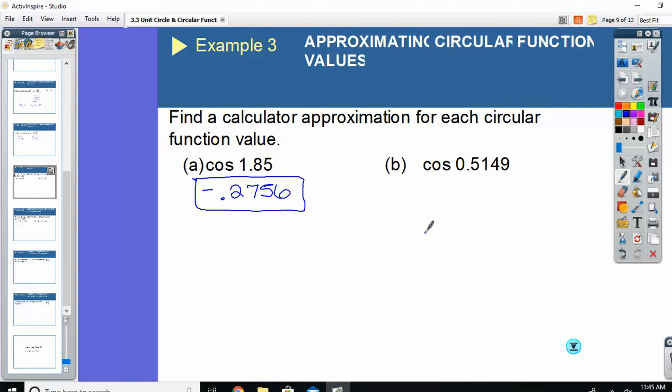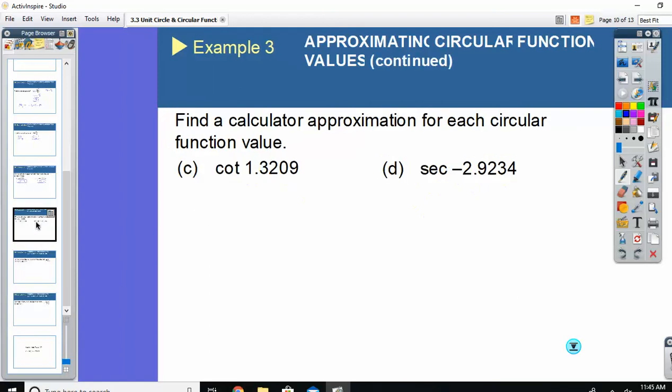So B, cosine of 0.5149. And what do you get? We'll go ahead and do C and D, and then I will probably stop for today.